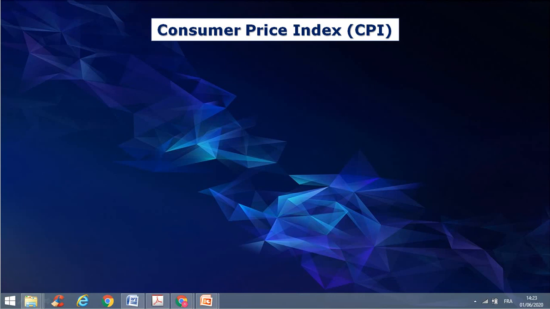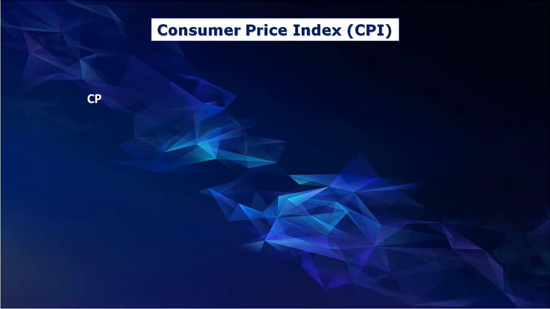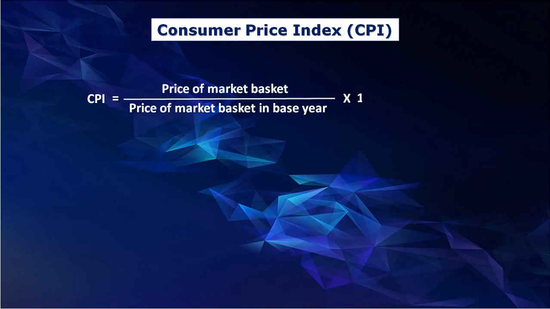Here is how it works. The base year is given an index number of 100. Each year is given an index as well. So there is an equation: CPI equals the price of the market basket divided by the price of the market basket in the base year, times 100.